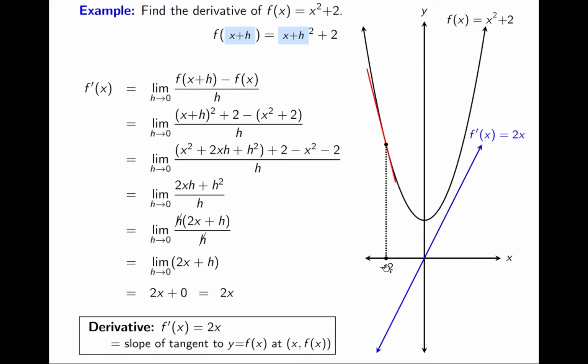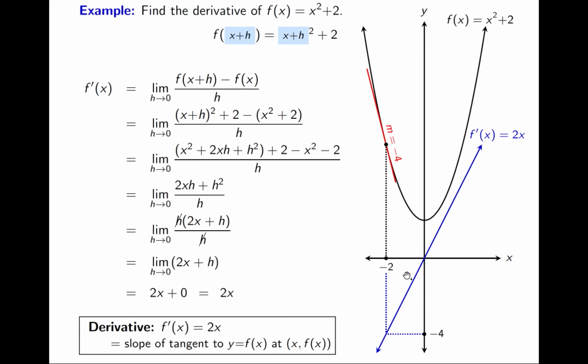So f prime of negative 2 would be 2 times negative 2, it's negative 4. So when you plug negative 2 into the derivative, you get negative 4, and that means this tangent line has slope m equals negative 4, which totally makes sense. You would totally believe that that's a negative slope. It looks like for a run of 1, the rise is negative 4. That derivative is giving you that slope.